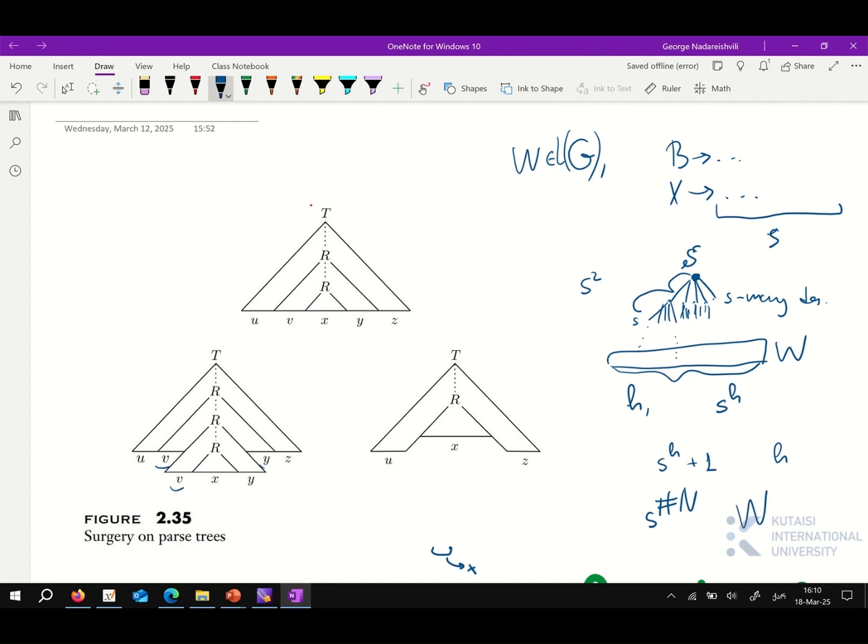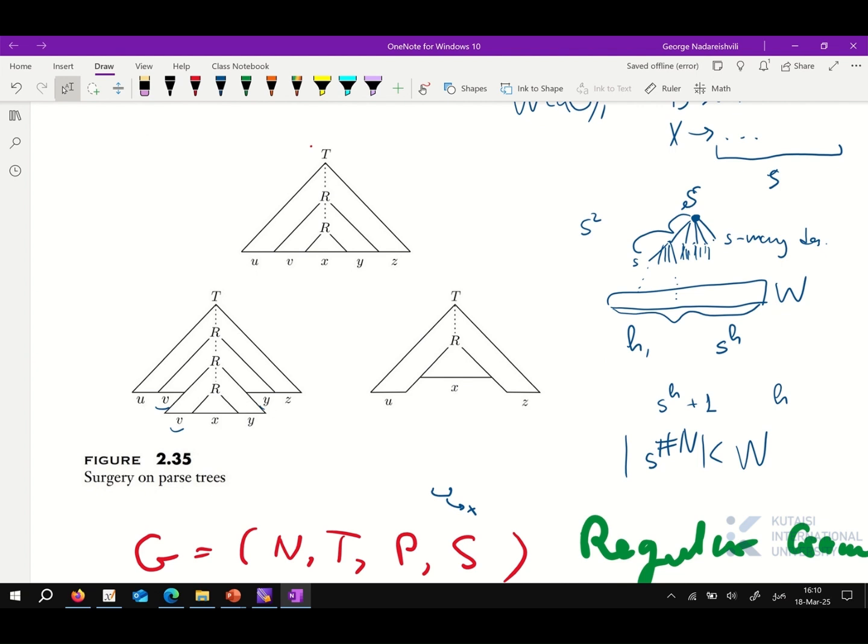And if my word is longer than this, then the height of any derivation tree of w has to be bigger than hashtag N. So let's take this plus 1, just for simplicity.